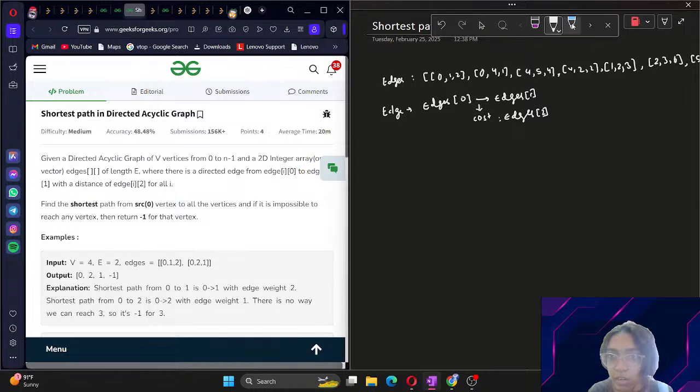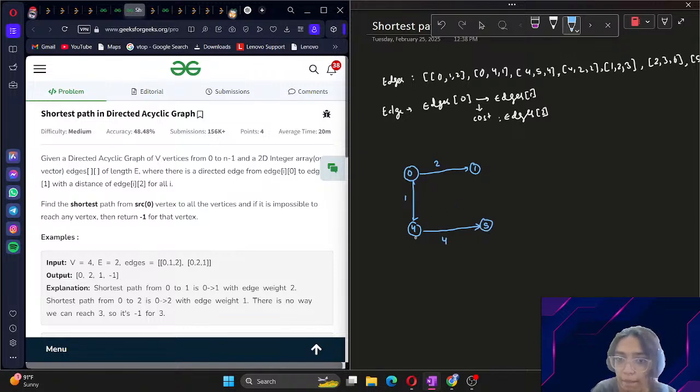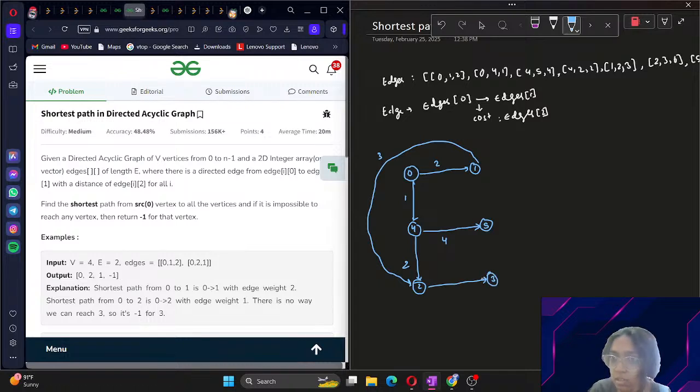So now let us draw a graph based on that. 0 to 1, we have an edge with cost 2. 0 to 4, we have an edge with cost 1. 4 to 5, we have an edge of cost 4. 4 to 2, I have an edge with cost 2. 1 to 2, we have an edge with cost 3. 2 to 3, we have an edge of cost 6.